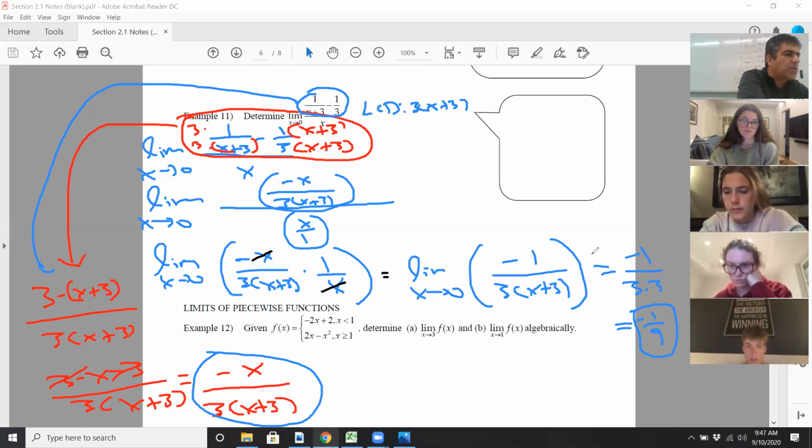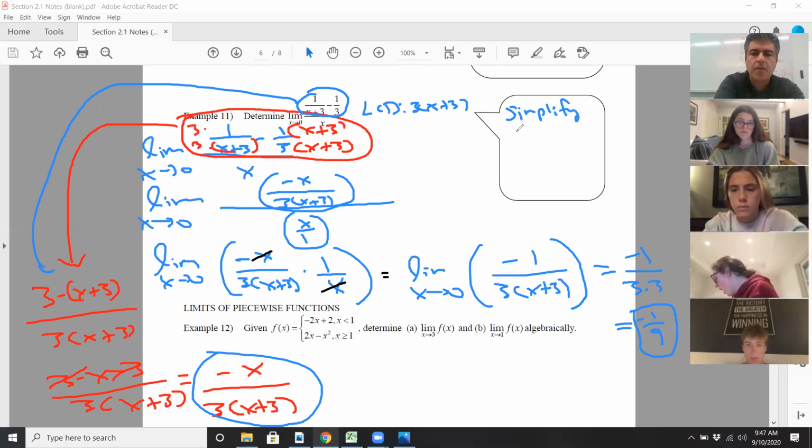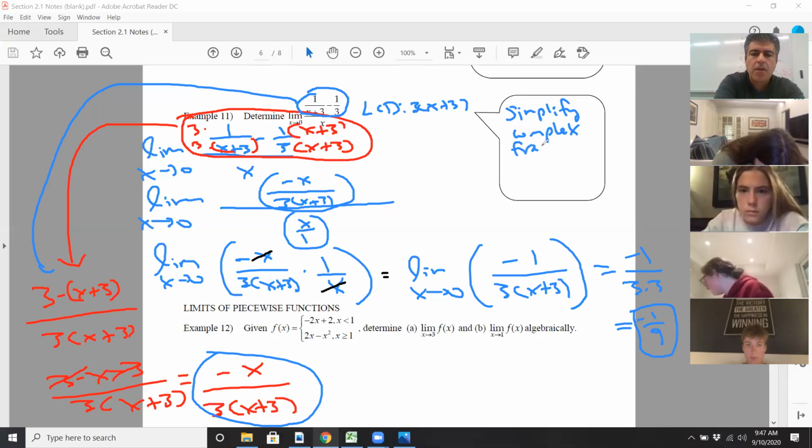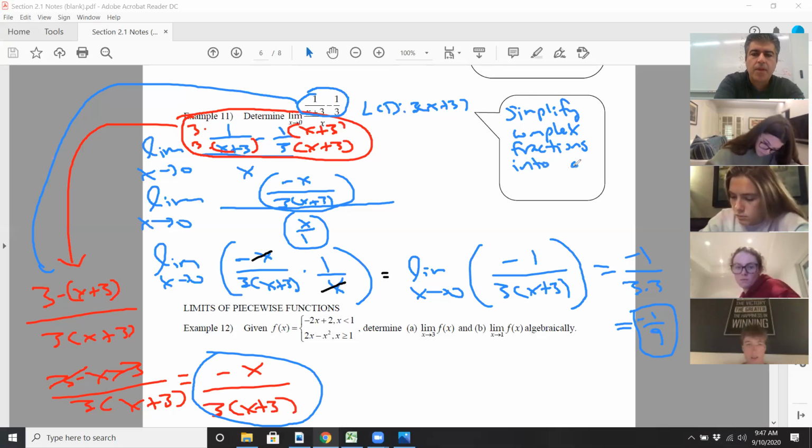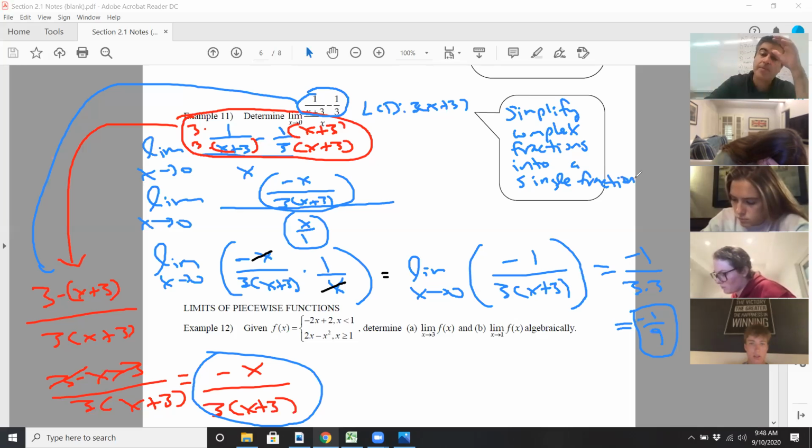So just to summarize really quickly, what you want to do is you want to simplify complex fractions into a single fraction. That's kind of the key takeaway. That's what we want to do.